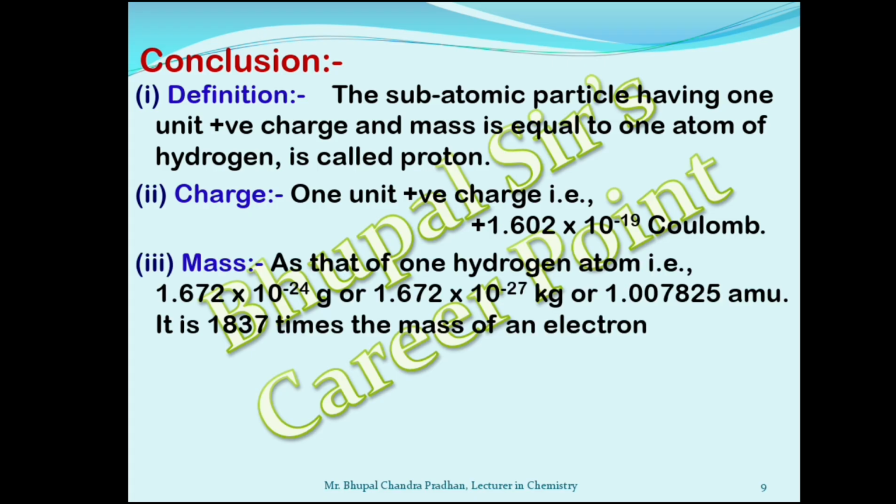Mass is that of a hydrogen atom, that is 1.672 × 10^-24 gram or 1.672 × 10^-27 kg or 1.007825 atomic mass unit. It is 1837 times the mass of an electron.